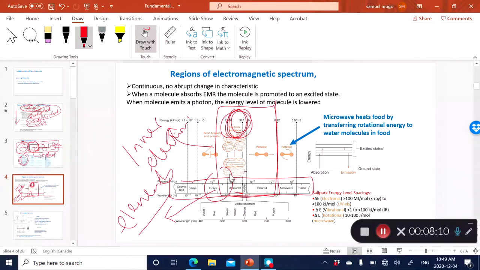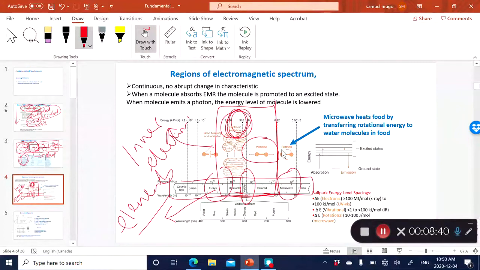In the visible range also, you get electronic excitation of the outermost electrons, or what you call the bonding electrons. In the infrared range, the radiation is not energetic enough to cause electronic excitation. Instead, it causes vibration and rotation of the bonding electrons.